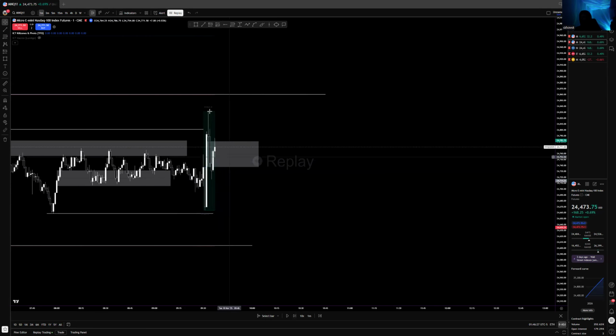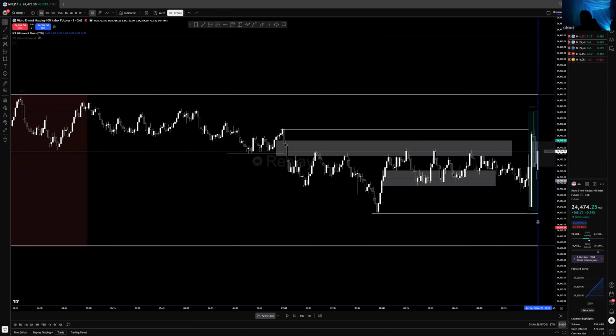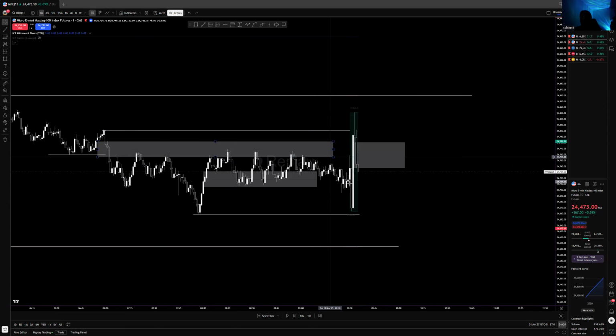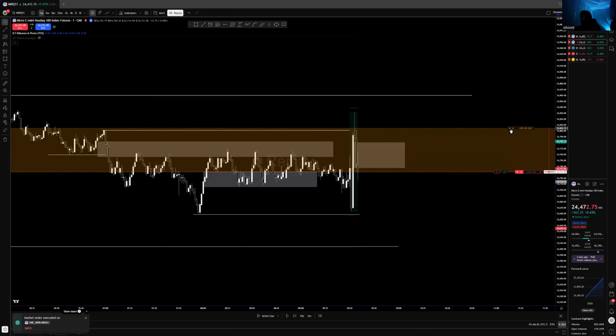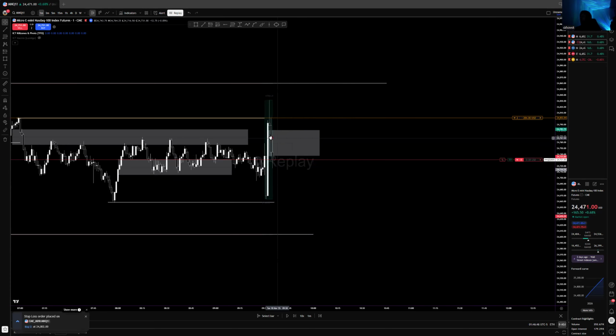So right here we got an option. So I'm gonna sell, with a stop loss about this high, and then let's say I wait, because we have a fair value gap right here.